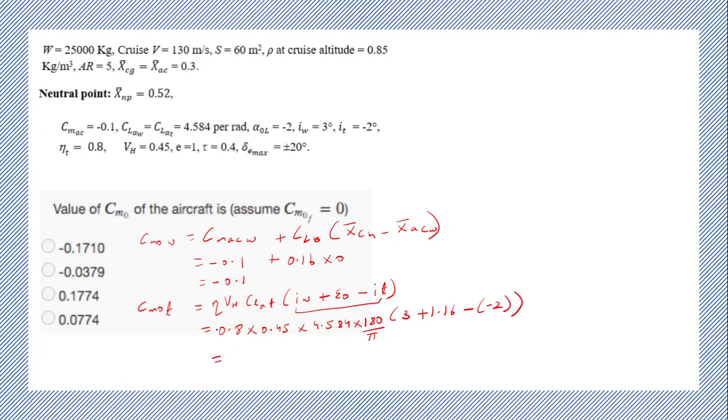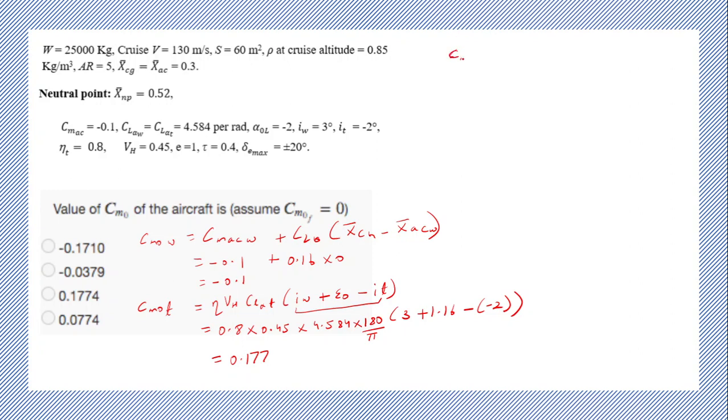So how much is this value? Is it 0.1177? Correct?